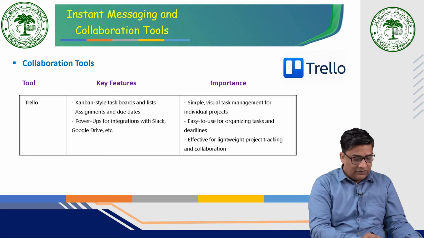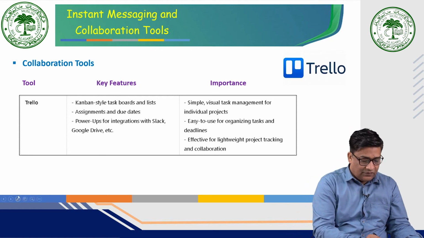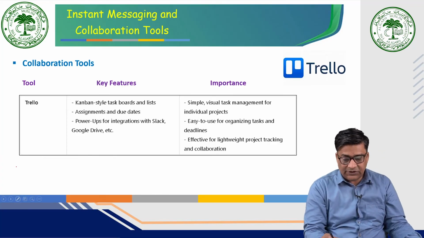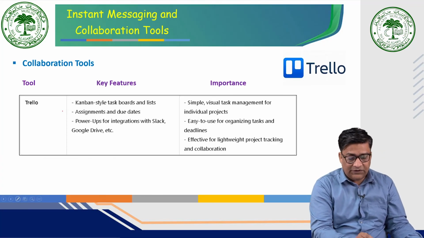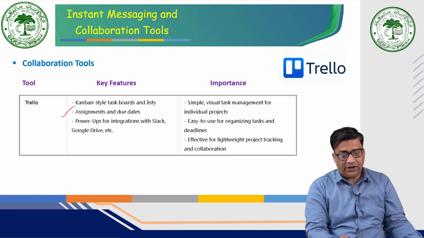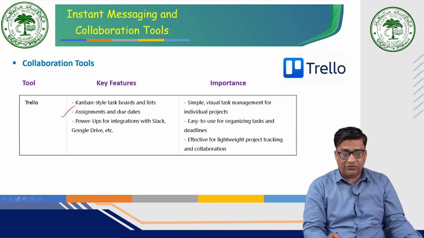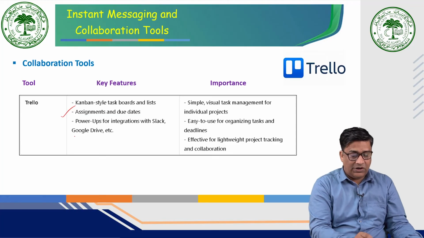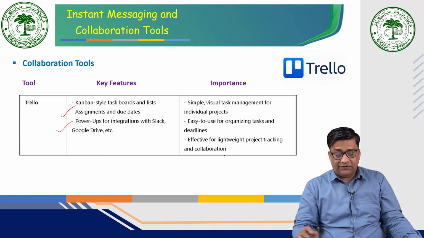Again, this tool is used for visual tracking and task description. These are the key features: Kanban style task boards and lists, assignments and due dates that you can manage through this tool, and power-ups for integration with Slack, Google Drive, etc. And these are its importance.